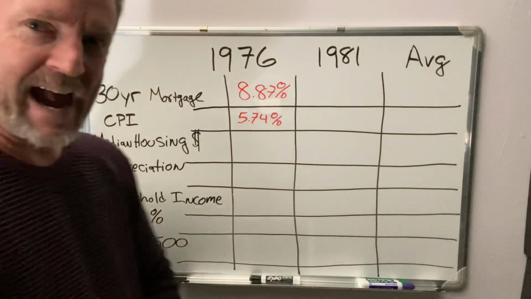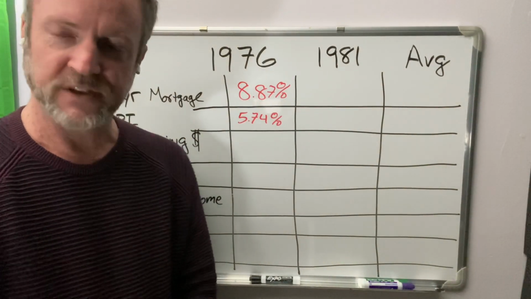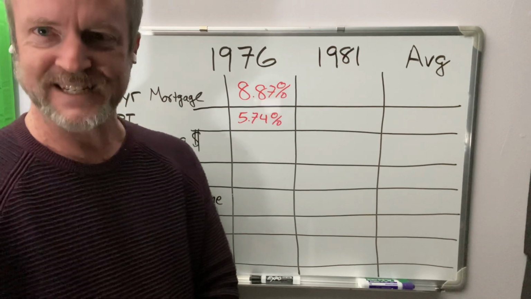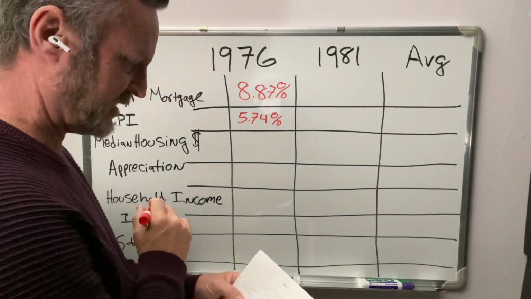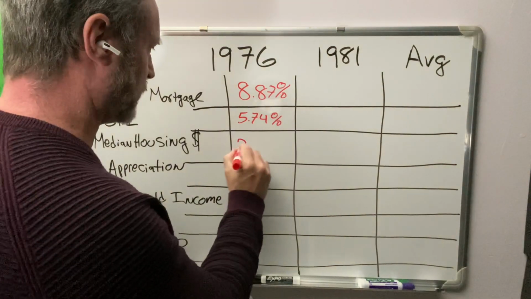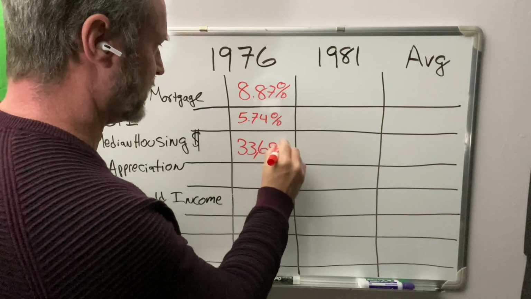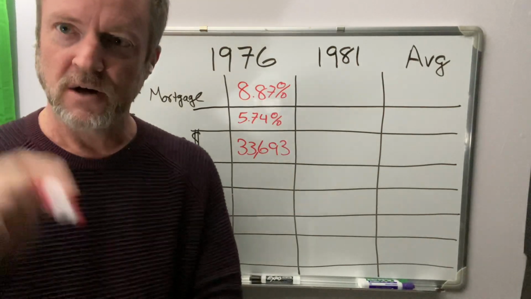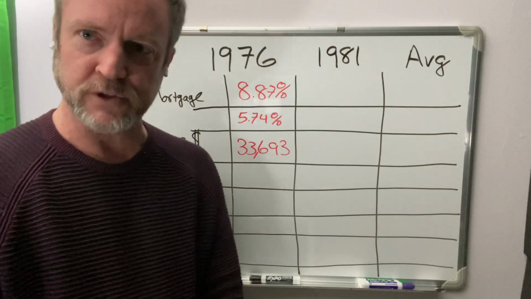So let's talk about the average house. The average house cost. This number is hard to believe, but remember, folks, this is 1976. 1976, the average house was $33,693. Rest assured, folks, in my 50-year spreadsheet, there is a tab that talks about the sources.